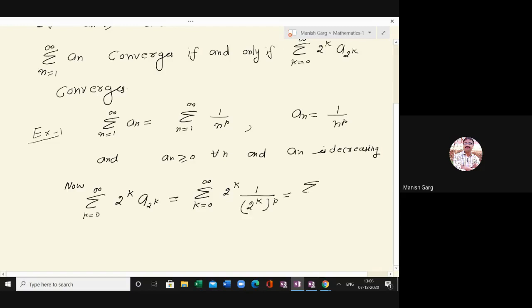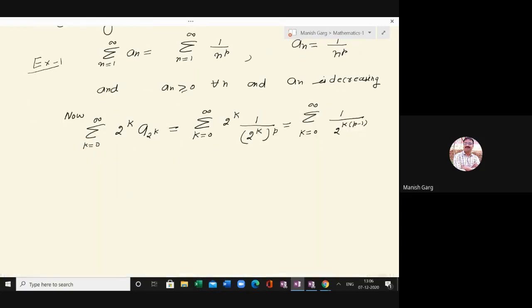Or if you do some calculation, this is the sum over k of 1 upon 2^(k(p minus 1)).